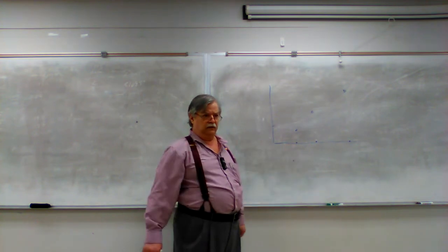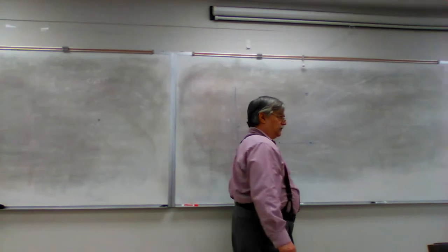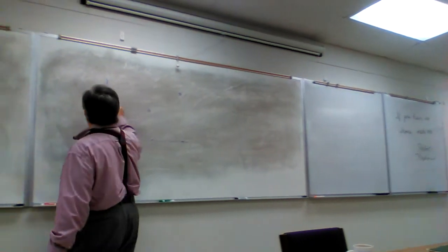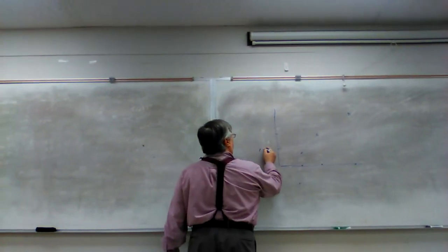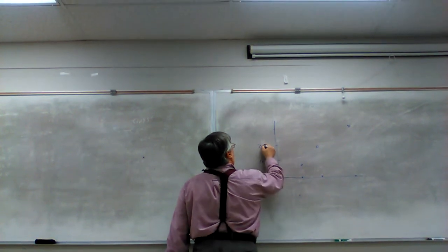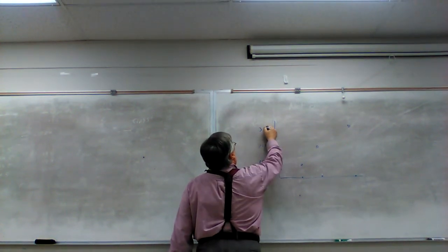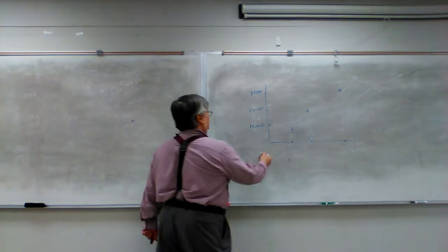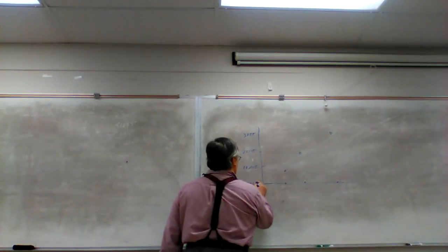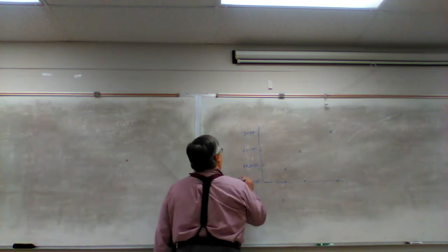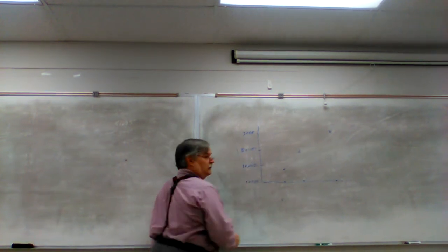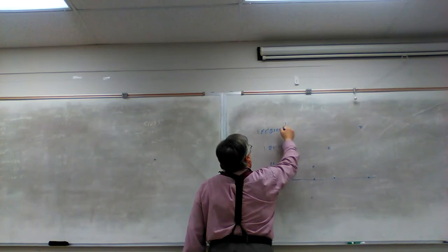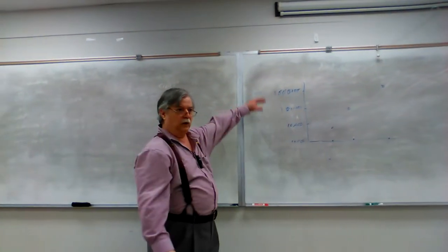Now, there's a couple of ways you can deal with that. Sometimes you can plot data logarithmically. So instead of having this as a linear axis, you can plot that as a logarithmic axis, which would mean you don't start at 0, you start at 1,000, you go to 10,000, and then instead of 20, you go to 100,000, and then 1,000,000, and you just keep going up logarithmically.